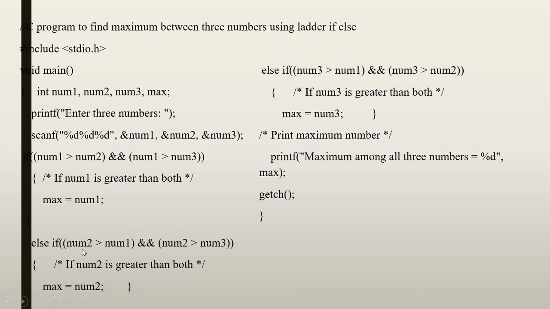Same way, next ladder, that is the else if, same procedure for the next variable, that is number 2. Again the answer will store within the max, and the last part, that is for number 3. So all three numbers' maximum value gets stored within the max variable. These are the different ways to execute the program.